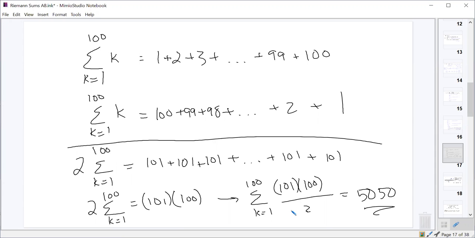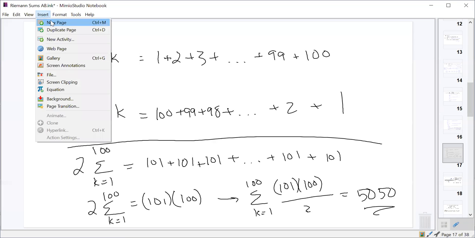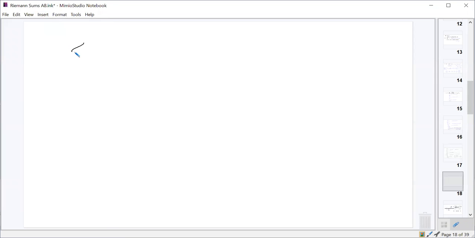You may not think it's that cool, but we could use this same exact concept to come up with a generic formula to sum together the first however many integers, or natural numbers, that we wanted. If I wanted to sum together the first 733 integers, we could use this same process. So what we're going to do real quickly is say, what if this was the sum from k equals 1 to n of k?